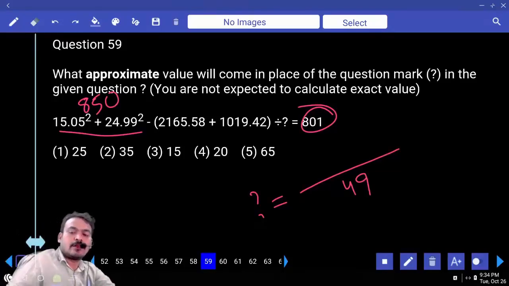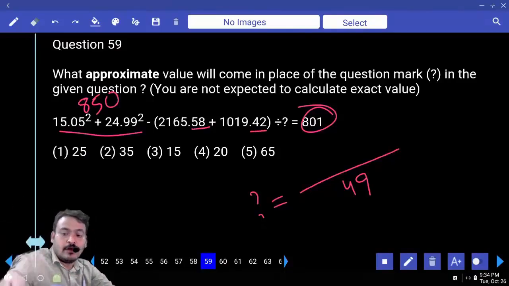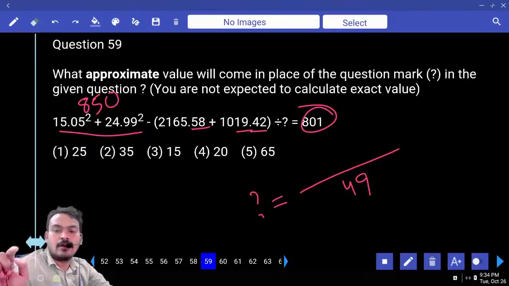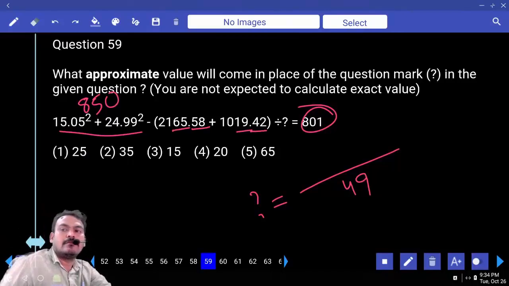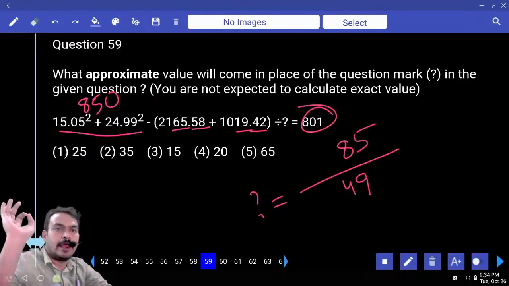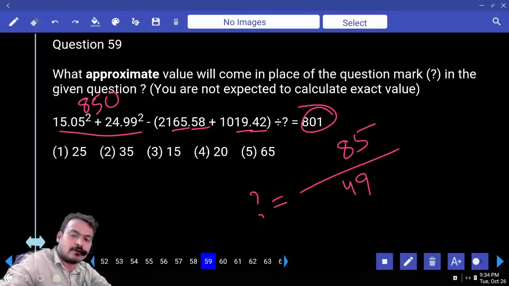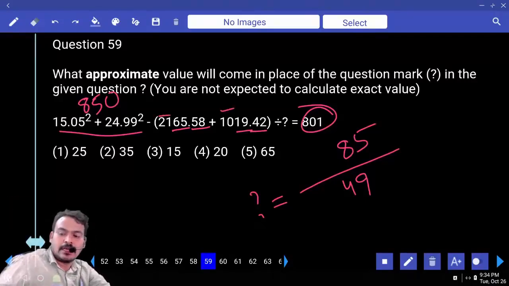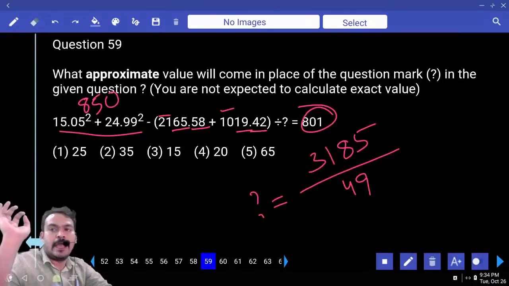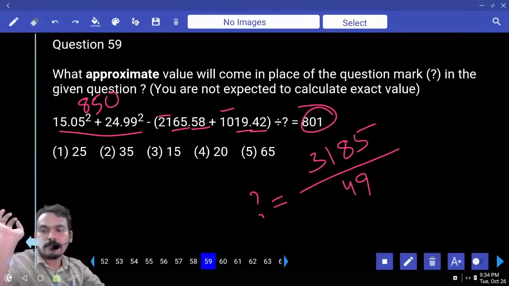Okay. First 0.58 plus 0.52, how much? 1. 1 plus 19 is 20. 20 plus 65 is 85. The last two digits are 85. Next, 21 plus 10 is 31. It will be 3185 by how much value? 49, or not? 49.